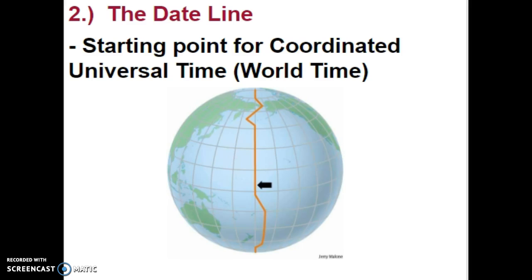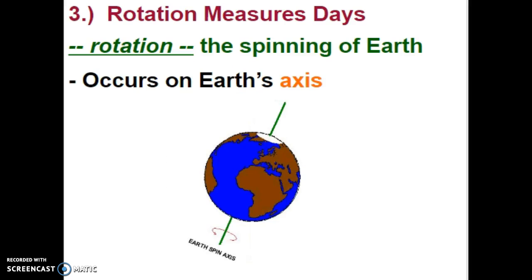Again, it's not a perfectly straight line. We want to make sure that, for example, in between Alaska and Russia and the Bering Sea there, that we're not cutting out part of Russia and putting them on a different day than their neighbors a few miles down the road. So generally, this is where we start our clock for time and time zones.